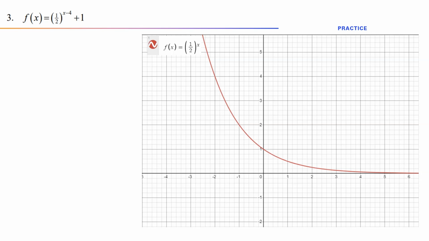Now this one is the decay because a, the base right here, a is 1/2 and is greater than 0, less than 1. So it's decreasing. f of x decreases.